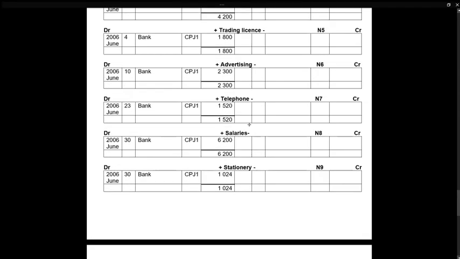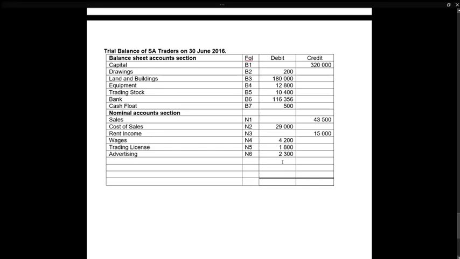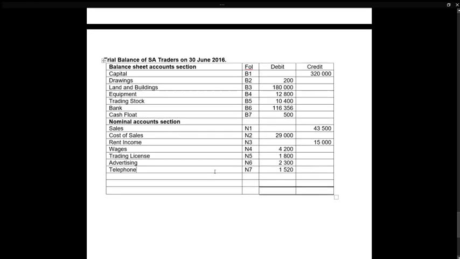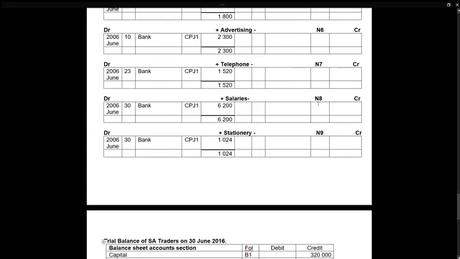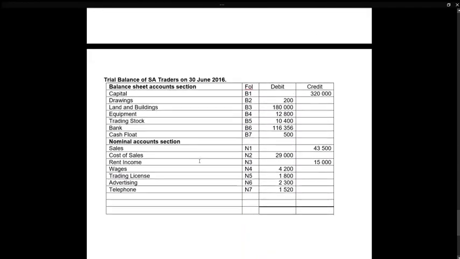Right, N7, telephone with a debit balance of 1,520. N7, telephone. Remember, just the bill, it's an expense. Telephone. N8, salaries with a debit balance of 6,200.